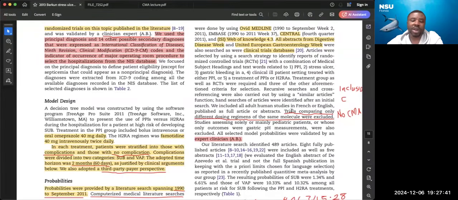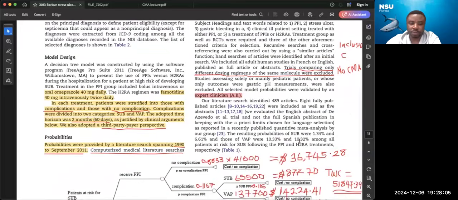They said trials comparing only different dosing regimens of the same molecule were excluded. So because they were doing cost effectiveness analysis instead of cost minimization analysis, they excluded all studies that just studied the same drugs or the same molecule.